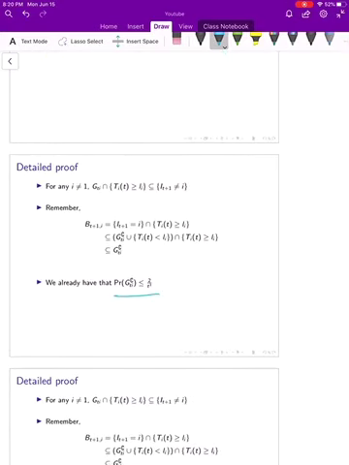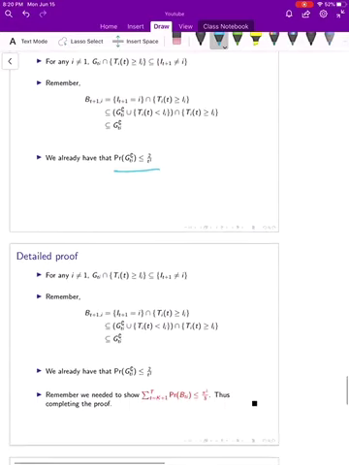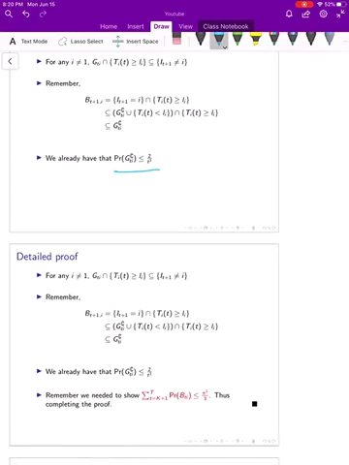Now we already proved that the probability of the event G_t,i complement is less than or equal to 2 by t power 3. And from this and this, it is clear that the probability of B_t+1,i is less than 2 by t power 3.